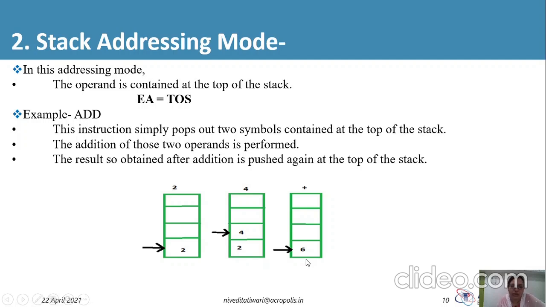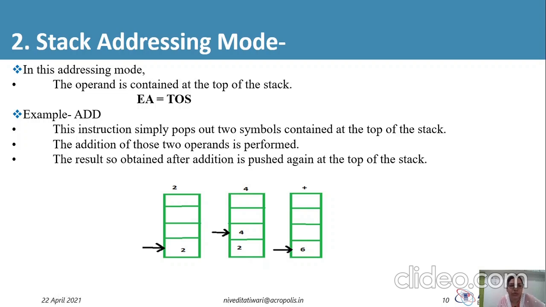So the operand value in case of a stack addressing mode is the value at the top of the stack. The value available at the top of the stack will be 6, and its corresponding address will be the effective address for that operand.